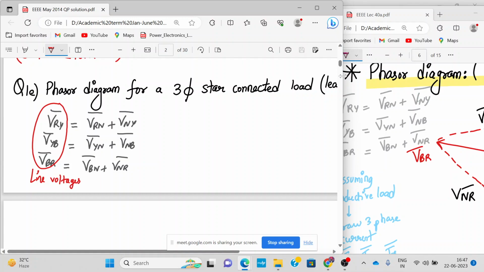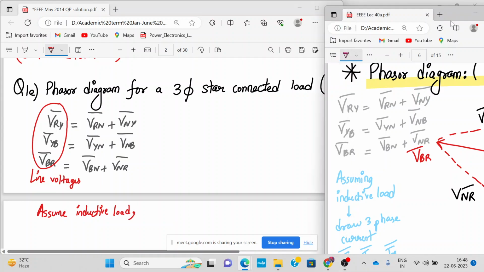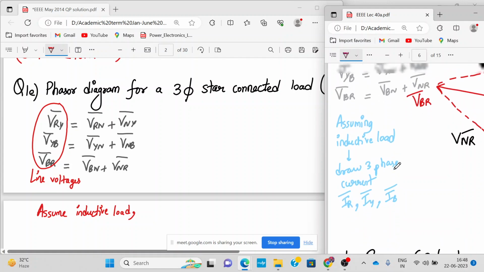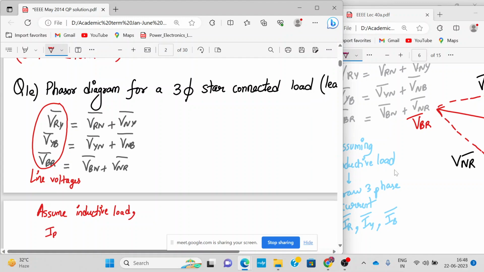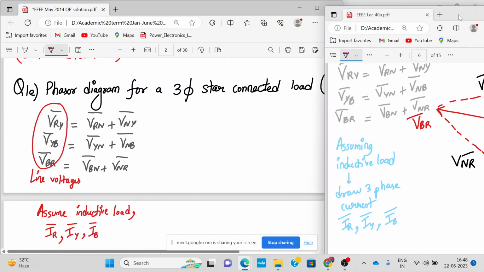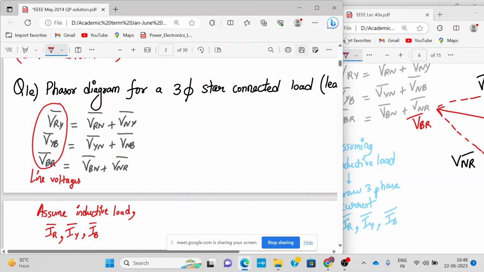Yes, sir. Let's say we assume an inductive load. If we are assuming an inductive load, what will be the three phase currents? IR, IY and IB. You can write this also down.